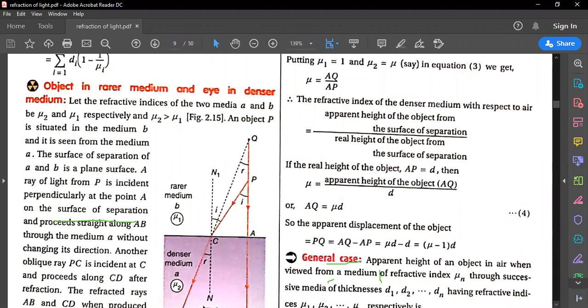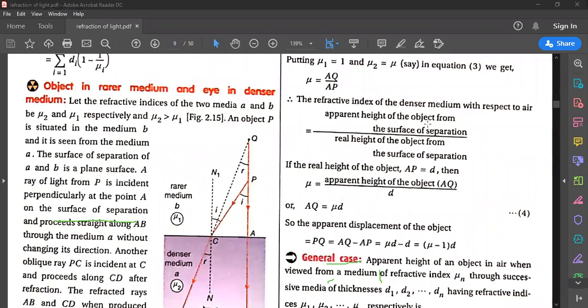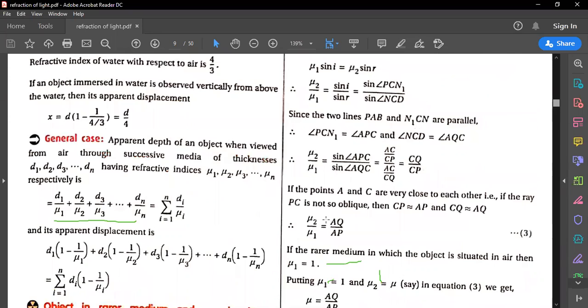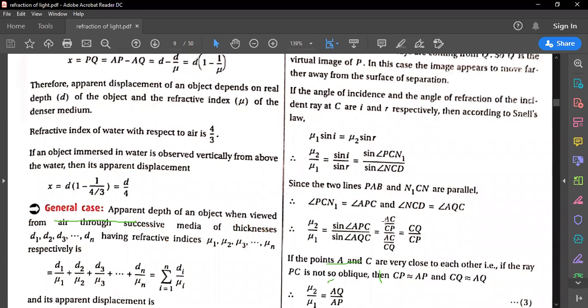Again, we can use the small-angle form, where sine I is the same as tan I and sine R is the same as tan R. So what is tan I? AC by AP. And what is tan R? AC by AQ. Putting these two here, mu2 by mu1 is AC by CP divided by AC by CQ.